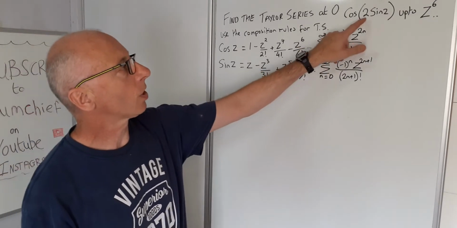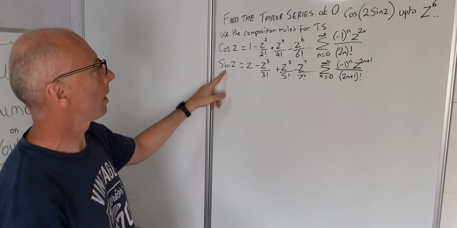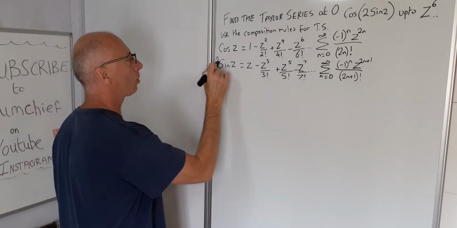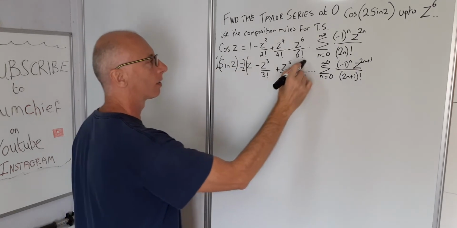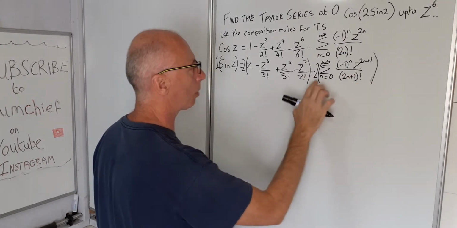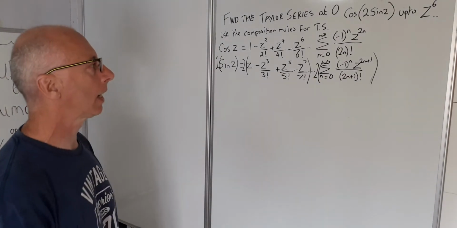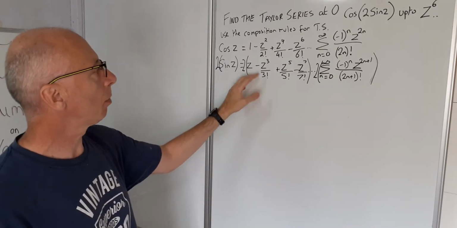So now we want cosine of 2 sine z. So what we could do is for 2 sine z, if we just put a 2 in front of that, and then a 2 here, we can also put a 2 there if we wished. We don't need the brackets, but I'll just put them in anyway, just to make it clear. That will be our series for 2 sine z. So again, multiplying everything by 2.